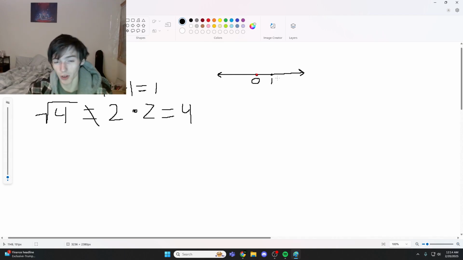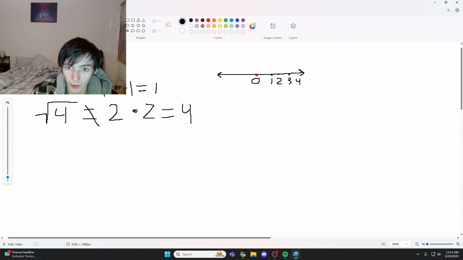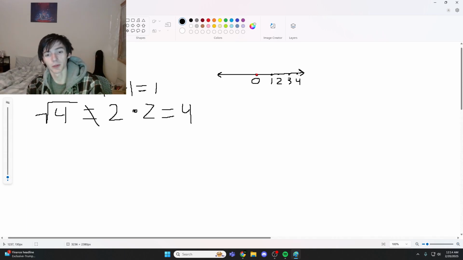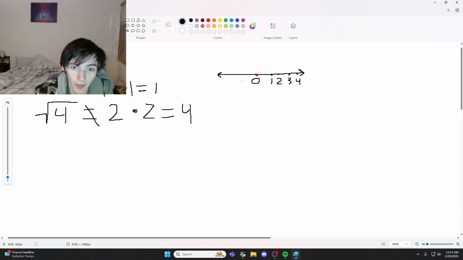And this is the number line: 1, 2, 3, 4, it goes out forever. And over here, -1, -2, -3. Funnily enough, this was what people had for a very long time when it comes to numbers.